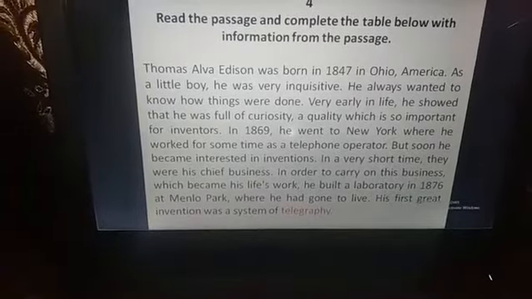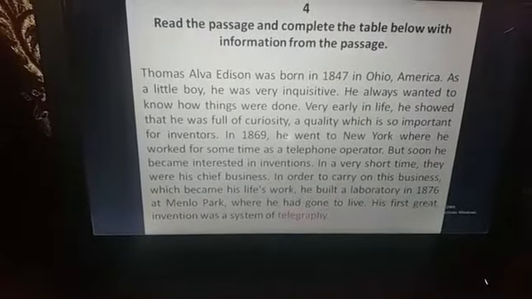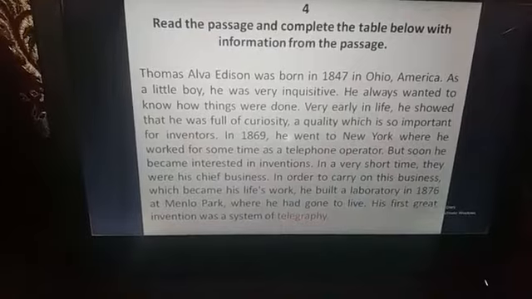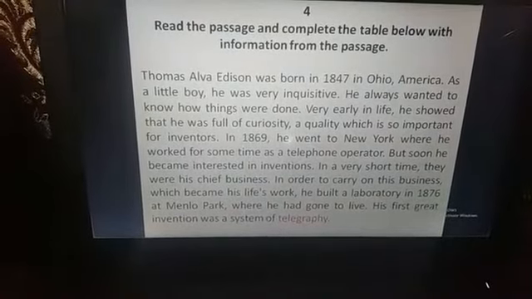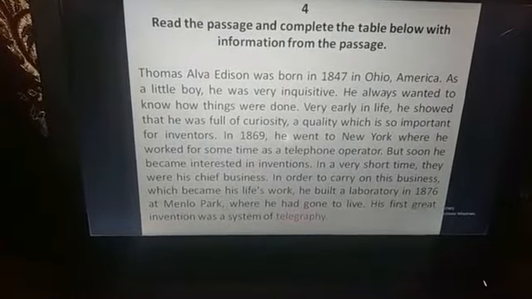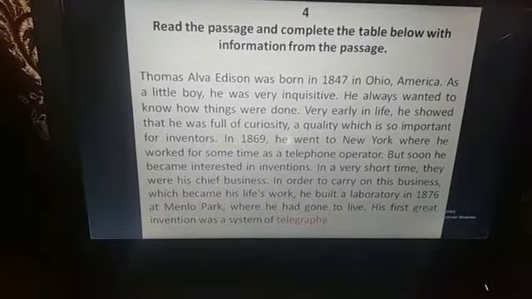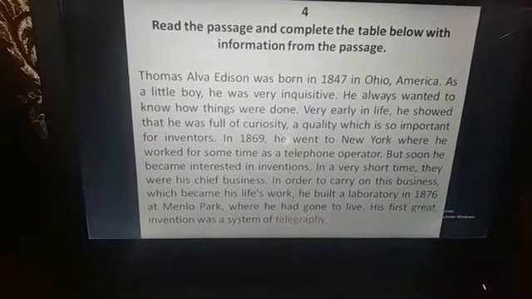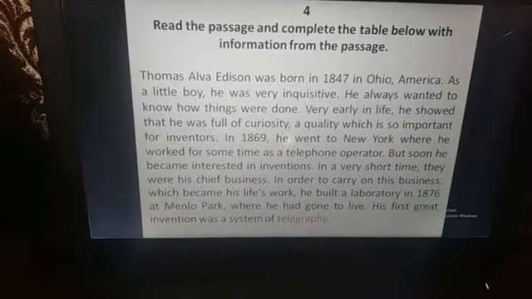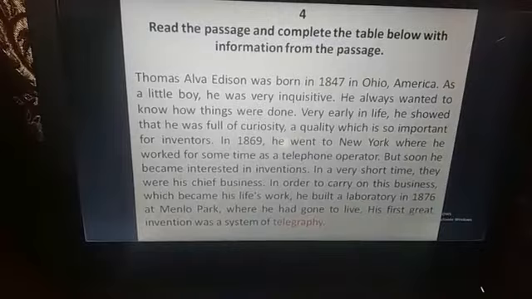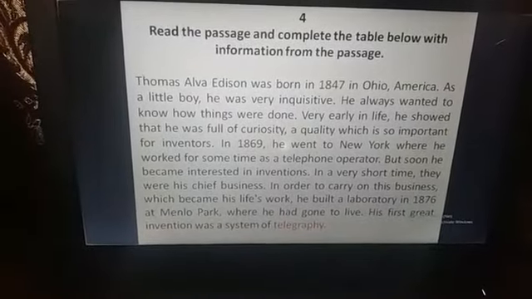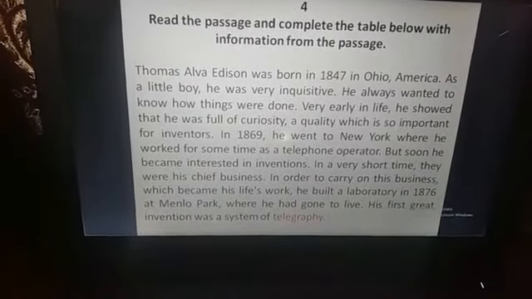Thomas Alva Edison was born in 1847 in Ohio, America. As a little boy, he was very inquisitive. Inquisitive means curious. He always wanted to know how things were done. Very early in life, he showed that he was full of curiosity, a quality which is so important for inventors.